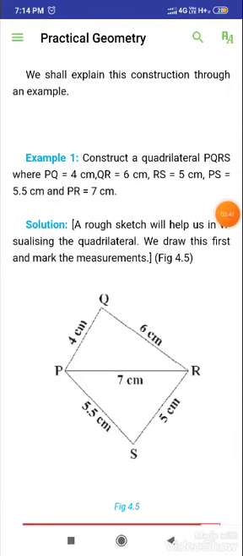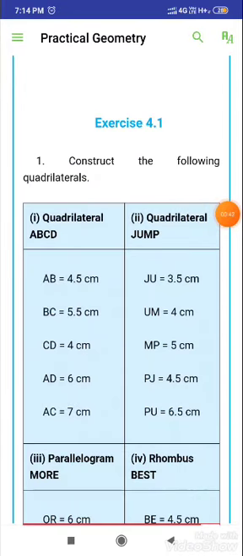We start our video with the first exercise of this chapter, exercise 4.1, and the first question is: construct the following quadrilaterals. There are 4 parts, and the first part is quadrilateral ABCD with the measurements given.